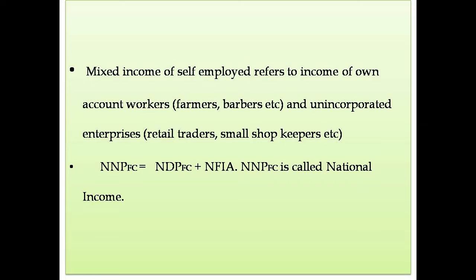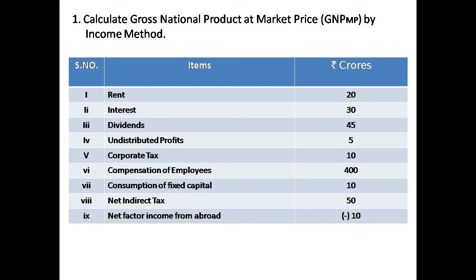GDPFC is equal to NDPFC plus depreciation. If you want to calculate NDPMP, it is NDPFC plus NIT. So in this way, other aggregates can also be calculated. I think you could understand the method of calculation of national income by income method.